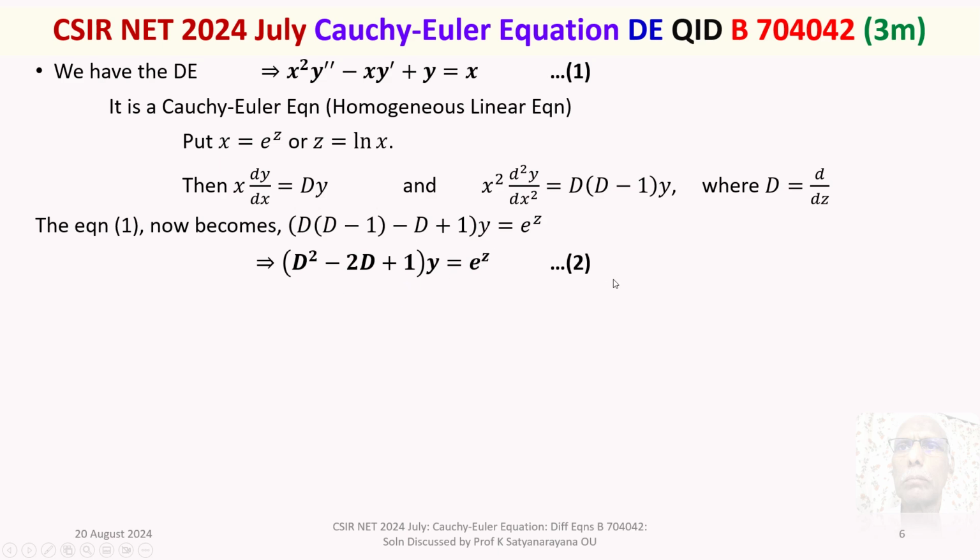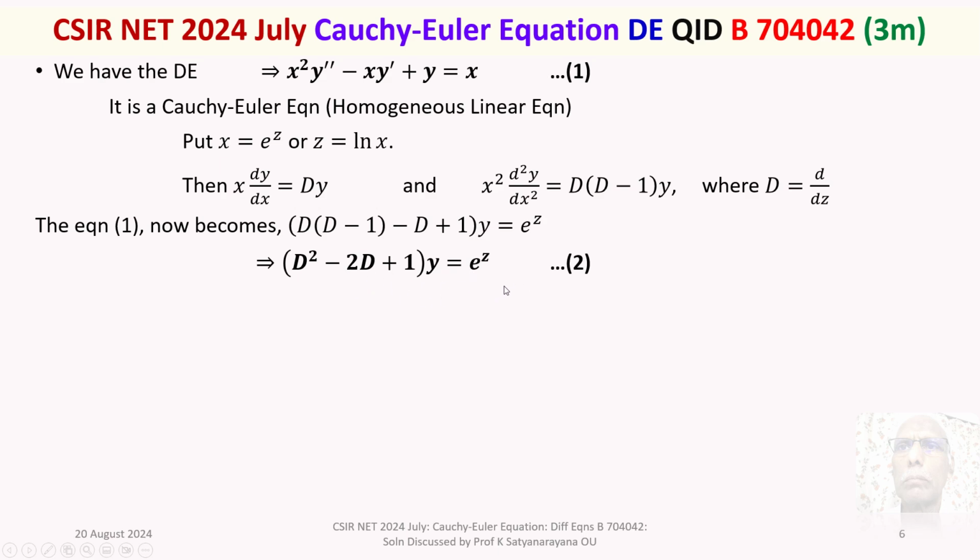Let's call this differential equation 2. What is this differential equation? It is a second order non-homogeneous linear differential equation with constant coefficients. Mind you, capital D is d by dz, the differential operator with respect to z. So keep that in mind, and we know the methods of solving this one.